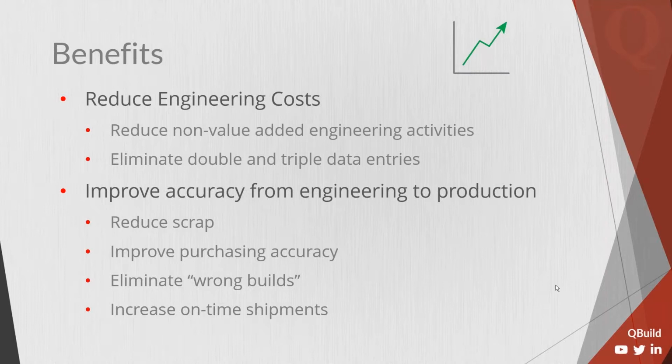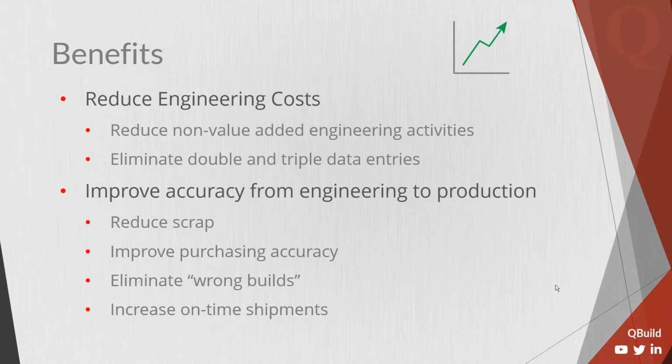And then eliminating double and triple data entries. Once again, the data is, more often than not, already available and entered once into the CAD system. So we don't want to have them enter that data manually again a second time into the ERP. With CADLink, we take what's already in CAD and use it to automate the creation of parts and BOMs inside of CSI.